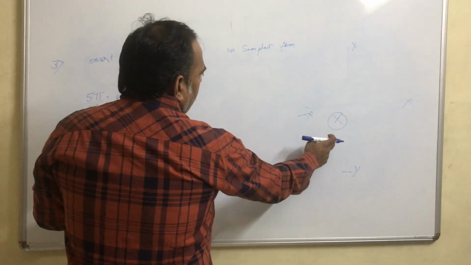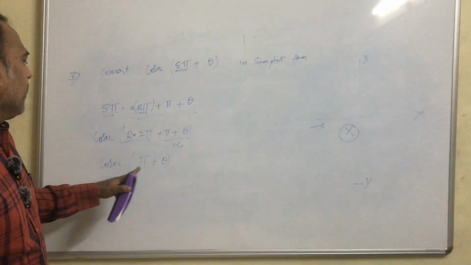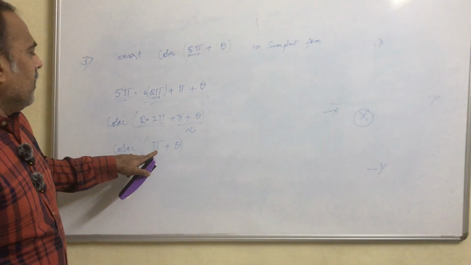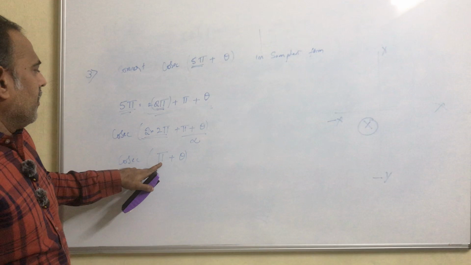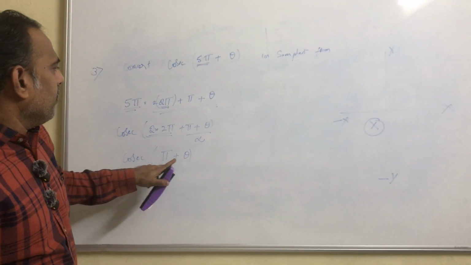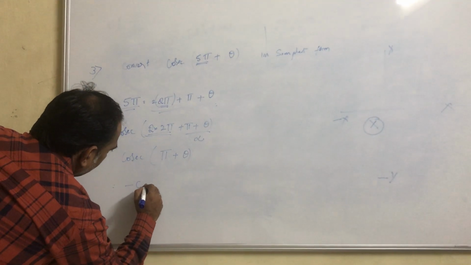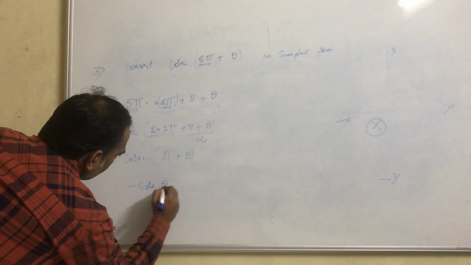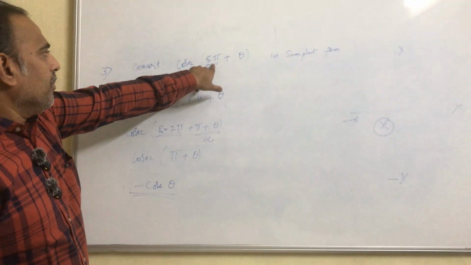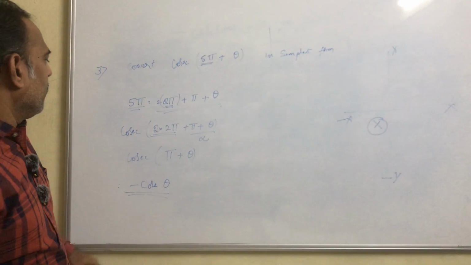In this coordinate, only tan is positive, the remaining are negative, right? Okay, if we make pi plus some angle, its value is minus cosecant theta. So the simplest form of cosecant of 5 pi plus theta is minus cosecant theta.